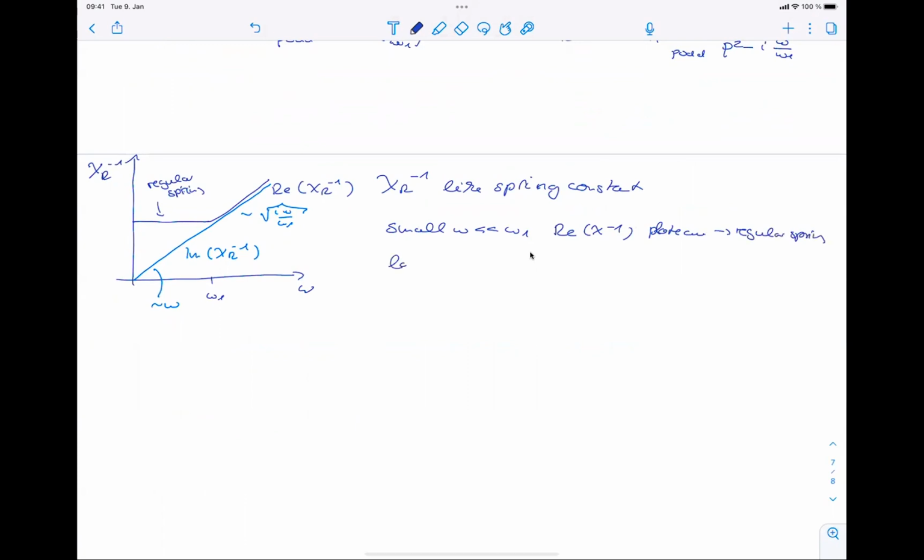But for large frequencies, the dynamics of the polymer dominated by the longest modes come into play. The response function is proportional to i omega over omega 1. So we find a frequency-dependent modulus.